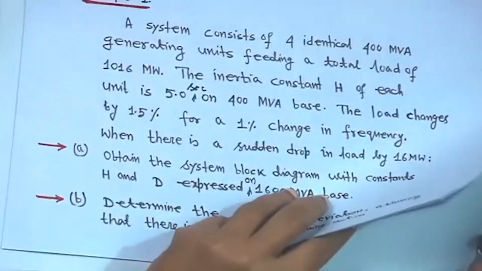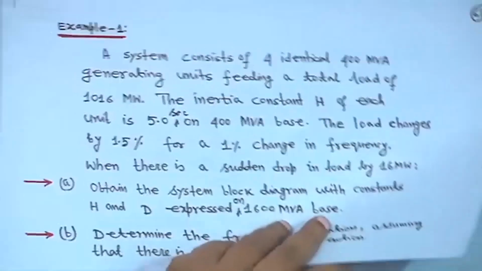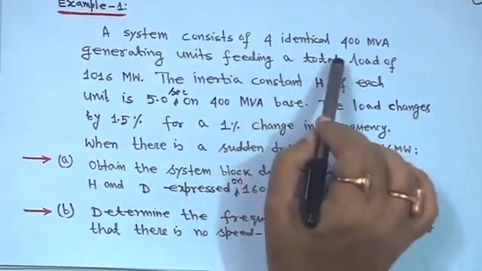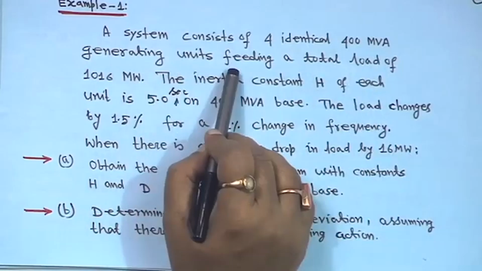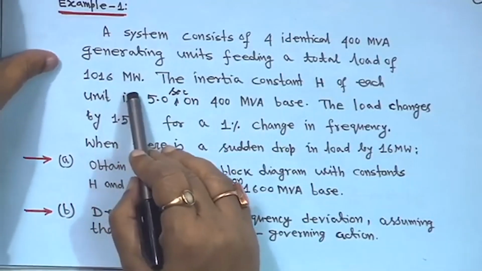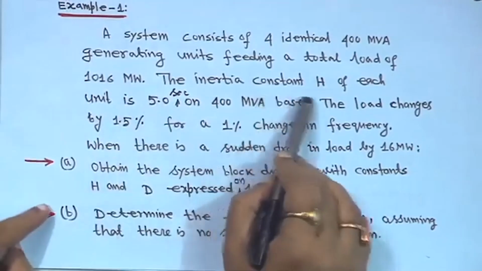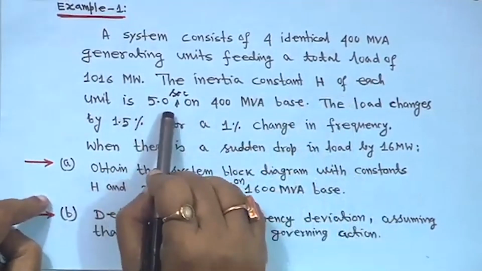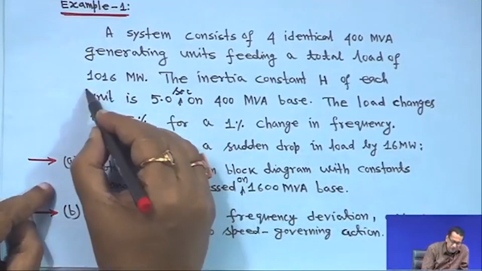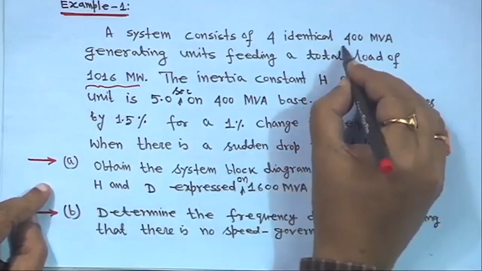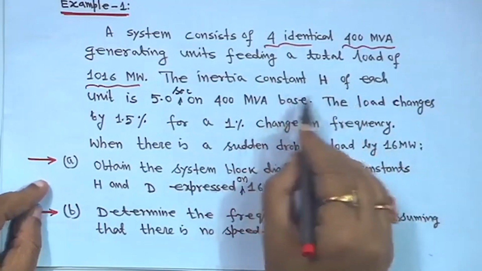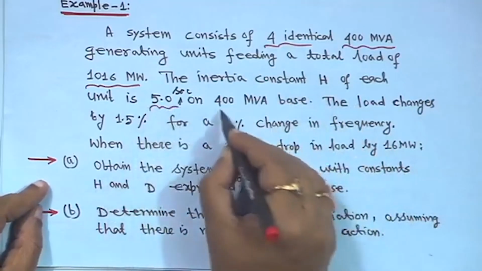Just try to understand this example. A system consists of 4 identical 400 MVA generating units feeding a total load of 1016 megawatt. The inertia constant H of each unit is 5.0 second on a 400 MVA base.